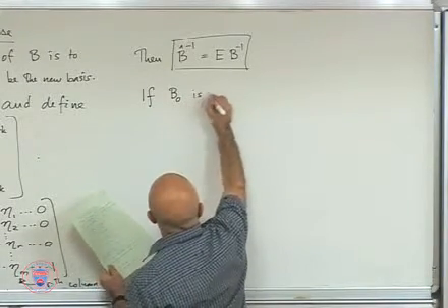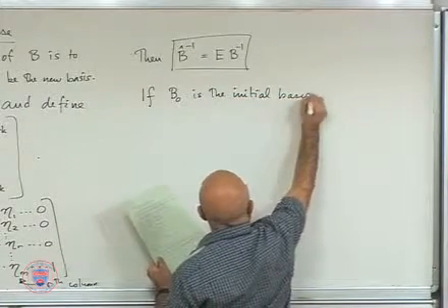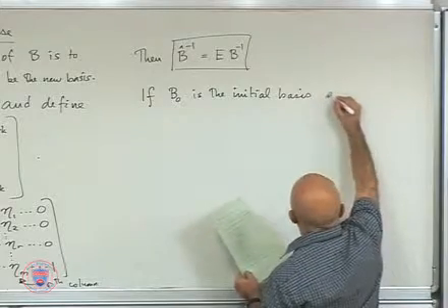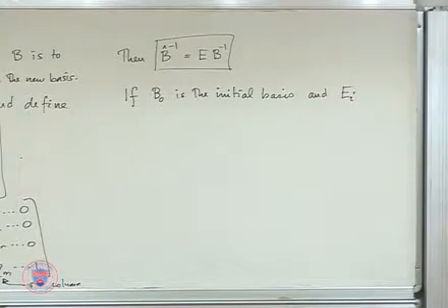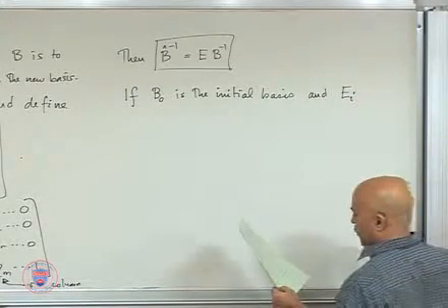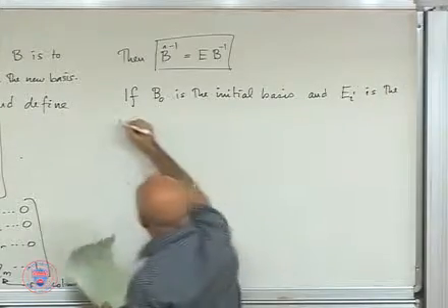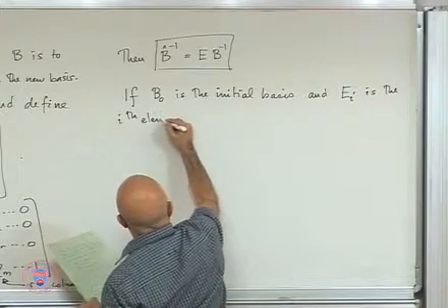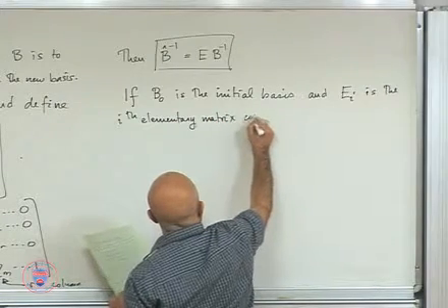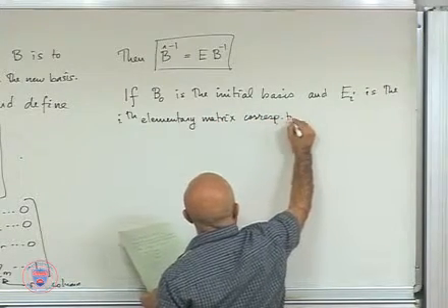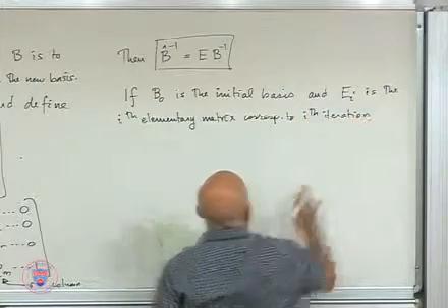So if B0 is the initial basis, and if we simply define E sub i to be the ith elementary matrix corresponding to the ith iteration, what elementary matrix?